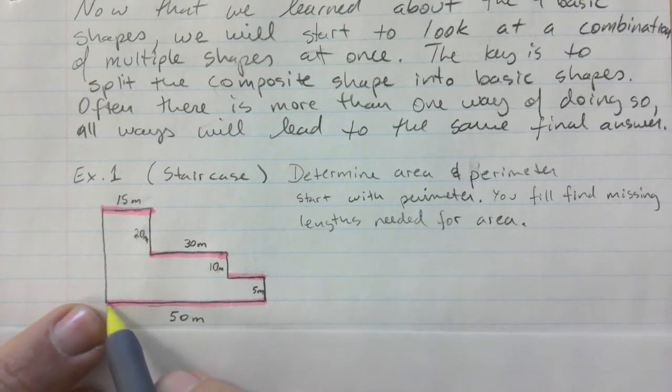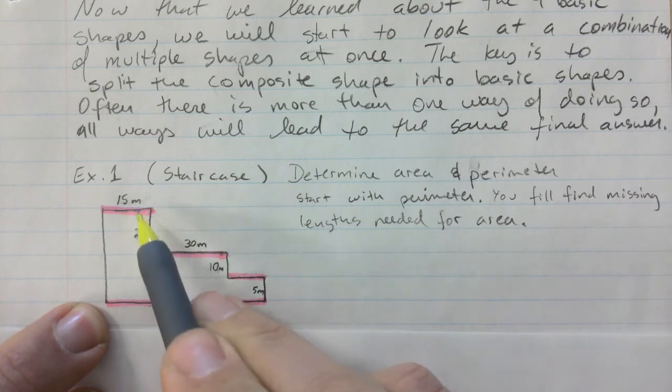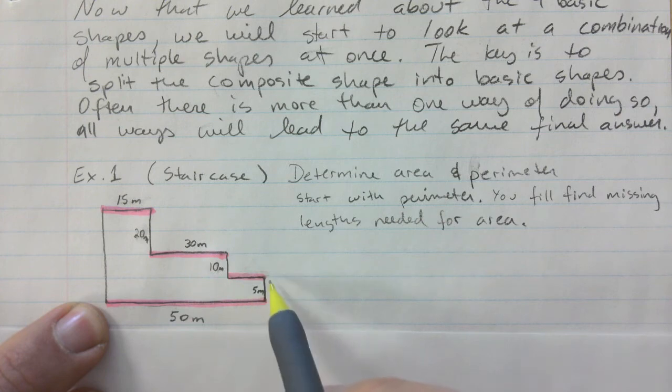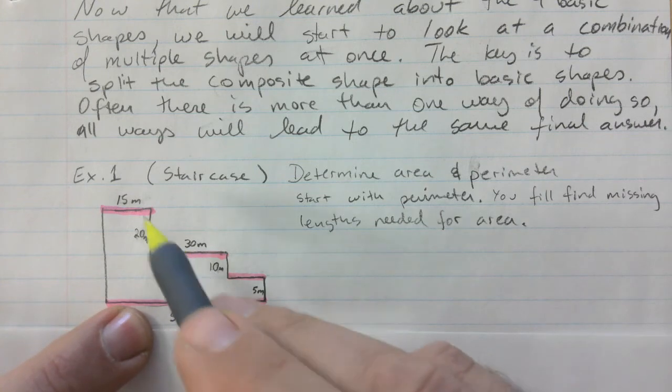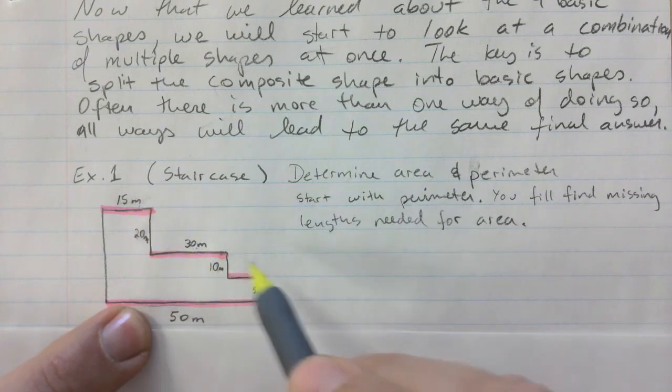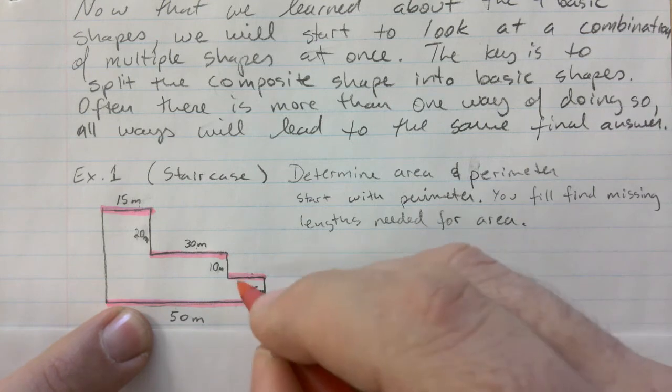So if from this corner to this corner it's 50, then these three chunks up here should also add up to 50, right? I used numbers that are easy so we can do this in our heads today. So we know this stretch, we don't know this stretch right here. I'm going to use a different color so you know that I've added that later.